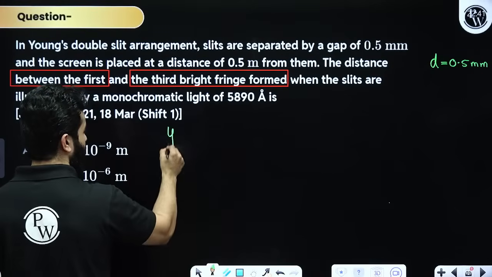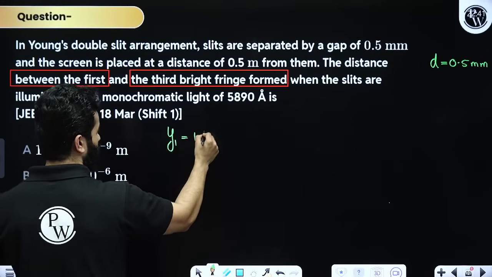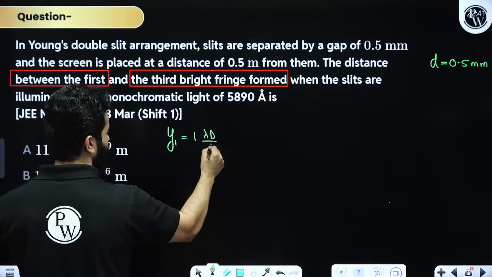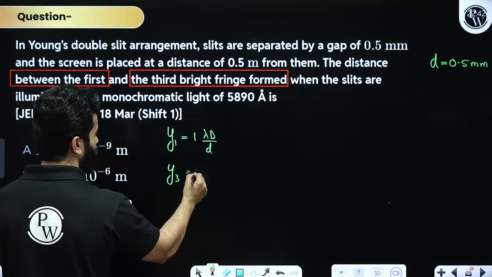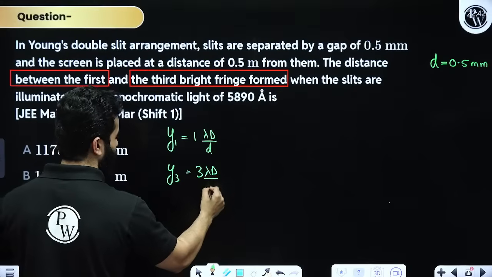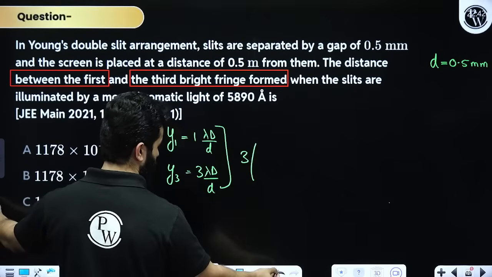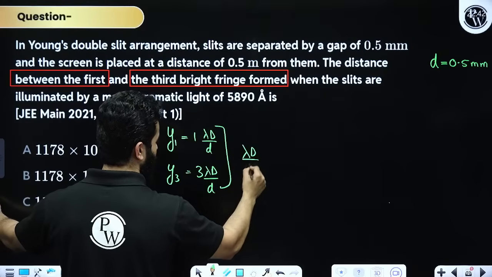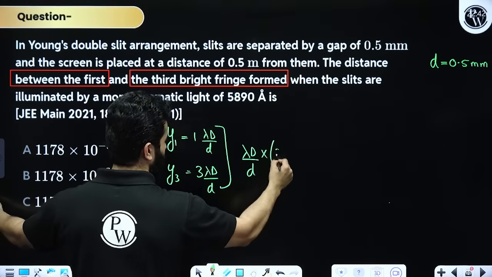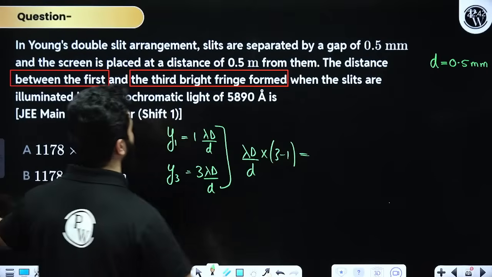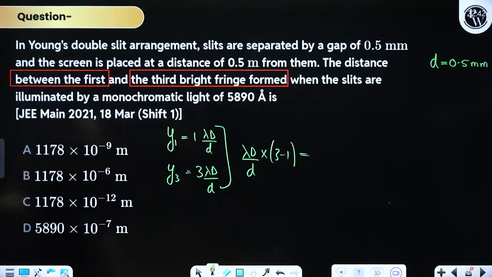First bright fringe means 1 lambda capital D by small d. Third bright fringe means 3 lambda capital D by small d. So the distance between them will be lambda capital D by small d times 3 minus 1, that is 2.